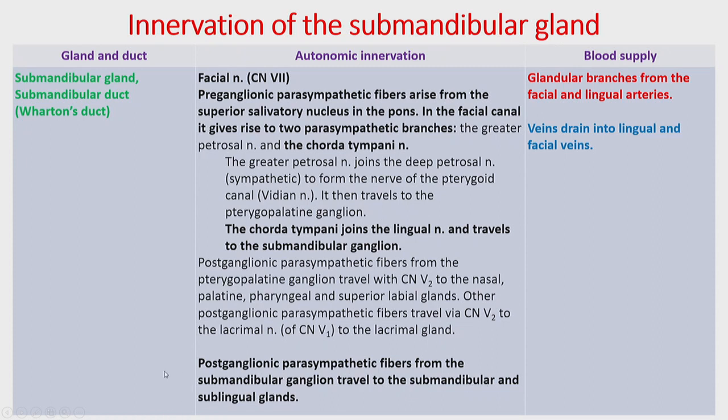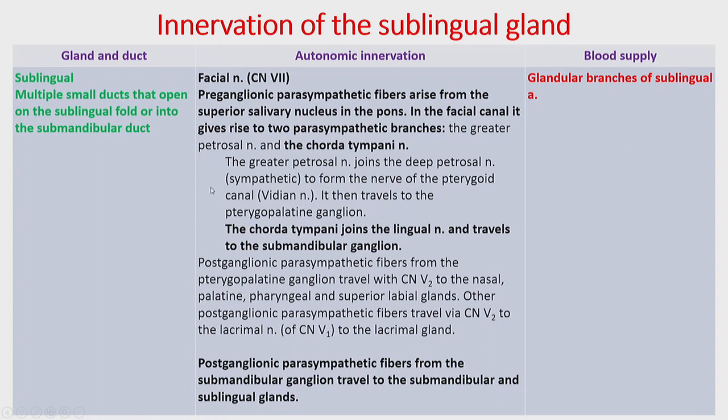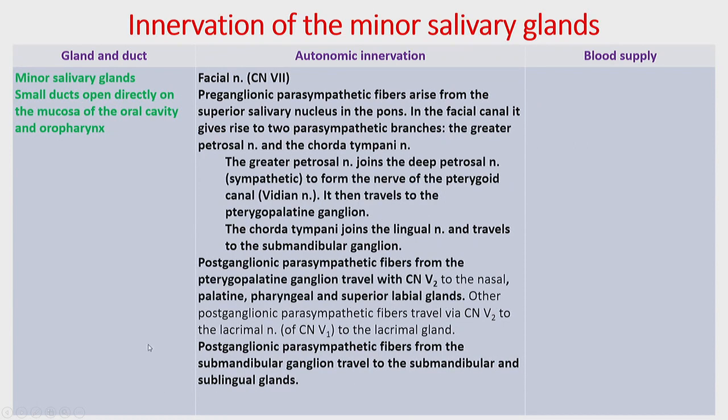So for the sublingual and submandibular gland, we have the same procedure: the facial nerve, preganglionic parasympathetic via chorda tympani from the superior salivatory nucleus, going to the submandibular ganglion and via the lingual nerve to these glands.